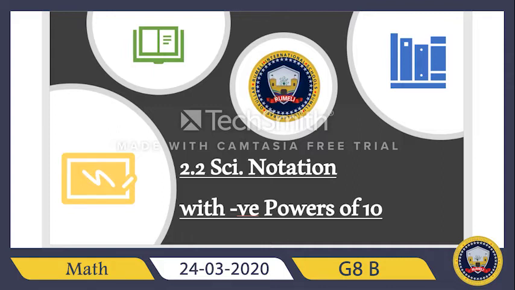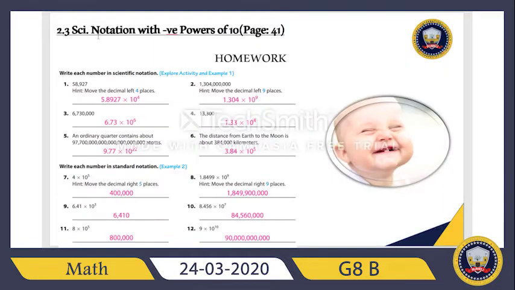Before that, let's solve together yesterday's homework. You are given these numbers here, and I wanted you to write them in scientific notation. So you have 58,927, and we wanted to write it in scientific notation.